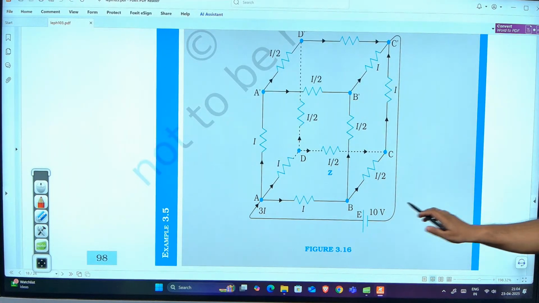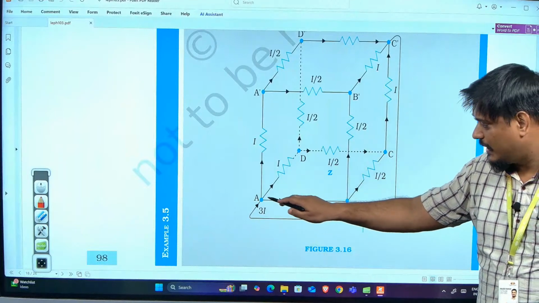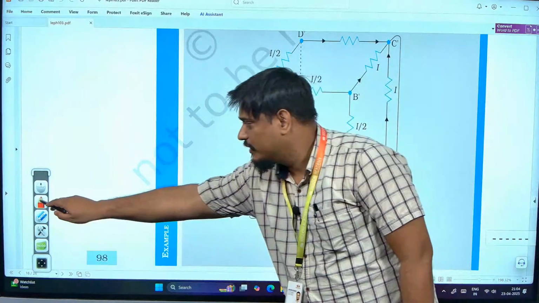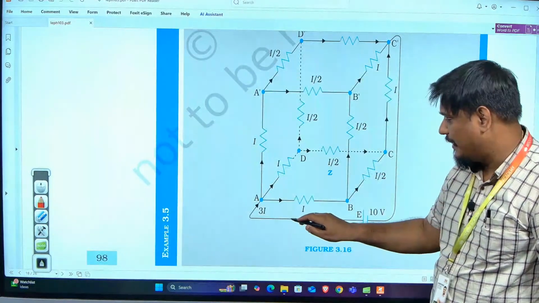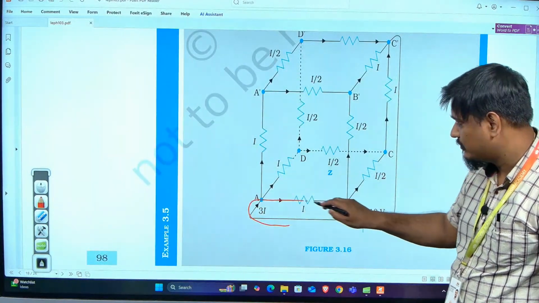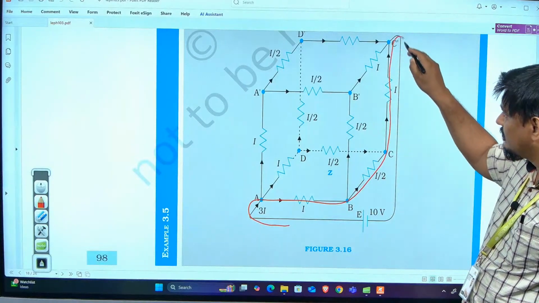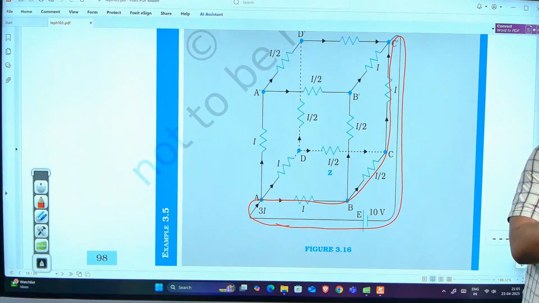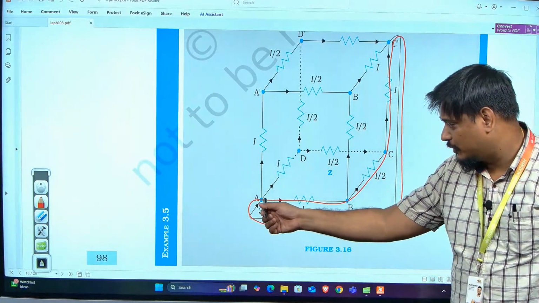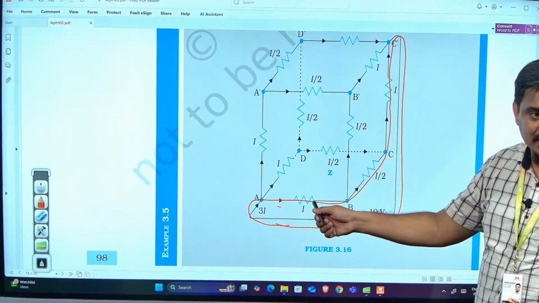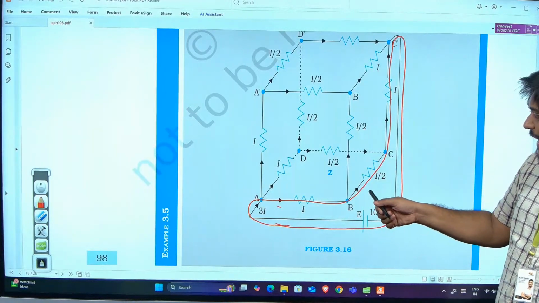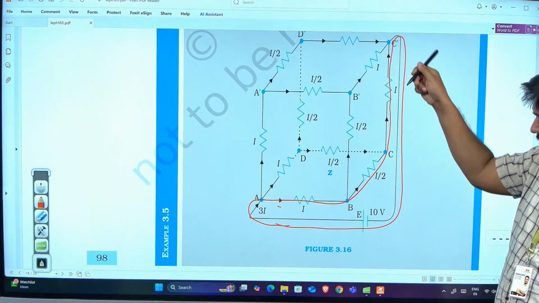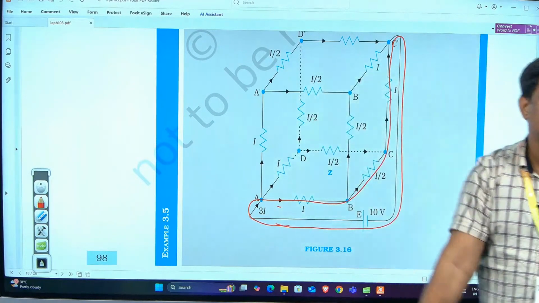Can I take this loop, see this loop, Kirchhoff I am going to use, the outermost loop. I will draw it for you here, for you to understand. I am taking this loop. One loop is there. Equation will become, from here, I into R plus I by 2 into R plus I into R is equal to 10.